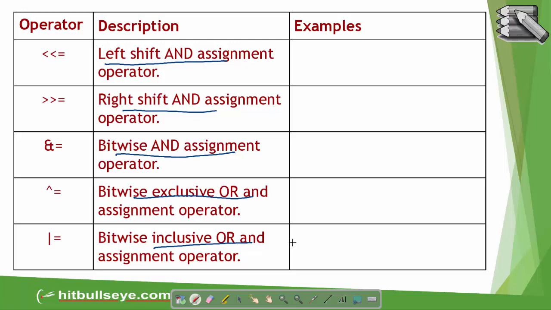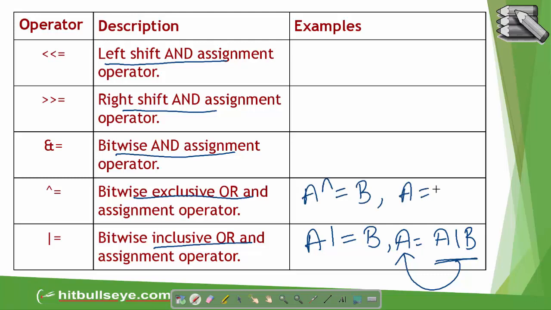In the bitwise inclusive OR, the value of A will be A OR B, and that value will be assigned to A. Similarly, in the case of exclusive OR, XOR, we can write it like this. These we have discussed in our previous slides. Similarly with the case of AND, right?